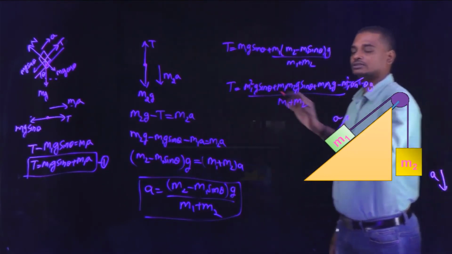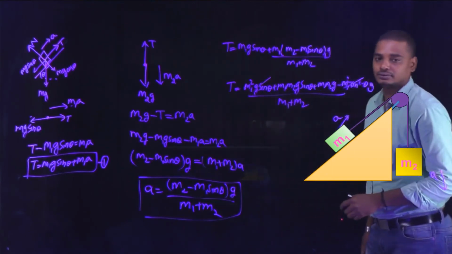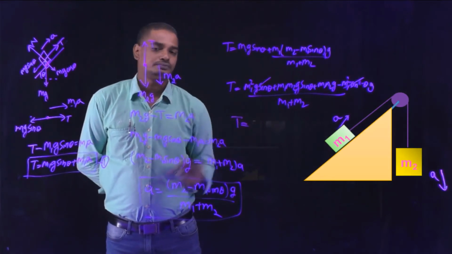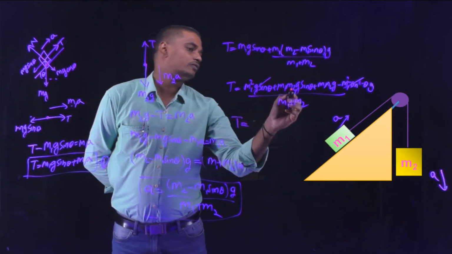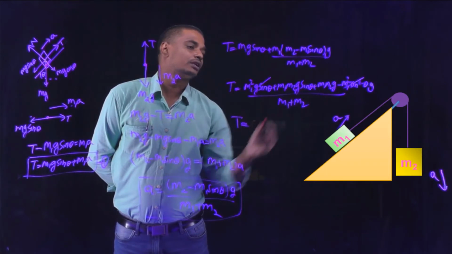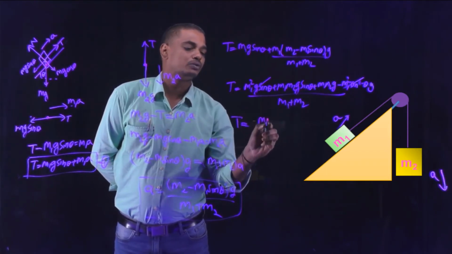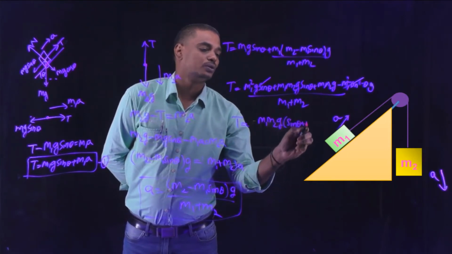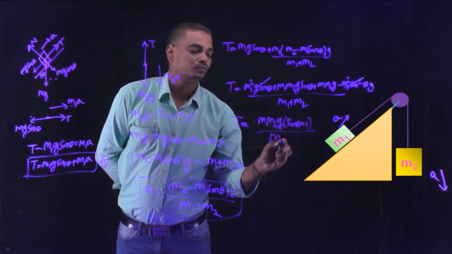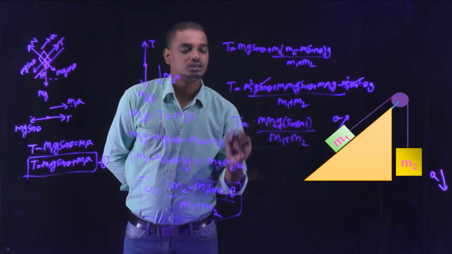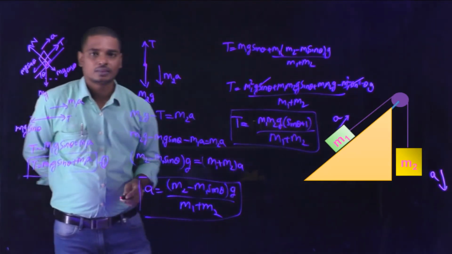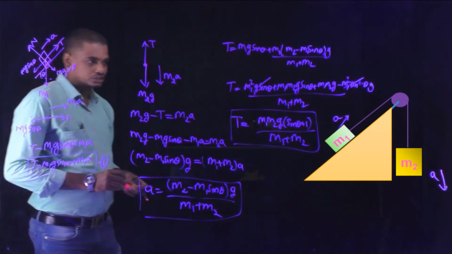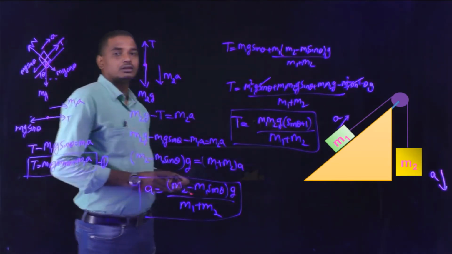So m1 square g sin theta gets cancelled. The remaining tension in the string is T is equal to m1 m2 g sin theta plus m1 m2 g. Taking m1 m2 g common, T is equal to m1 m2 g (sin theta plus 1) divided by (m1 plus m2). Right, that is the tension in the string.